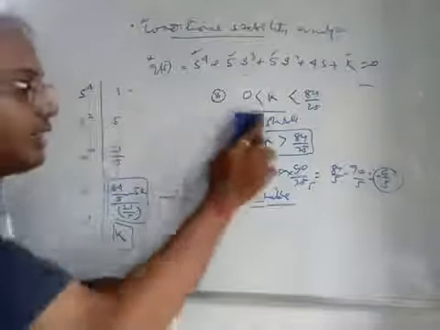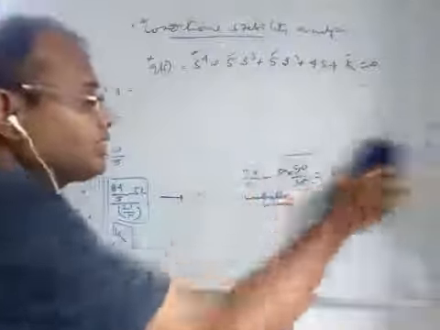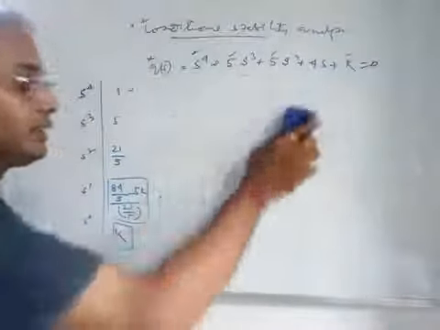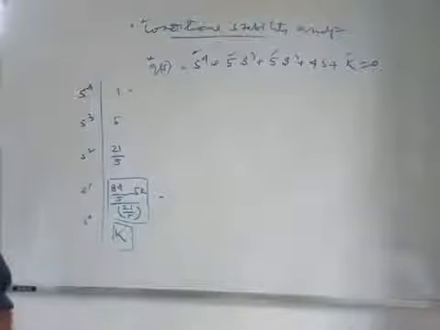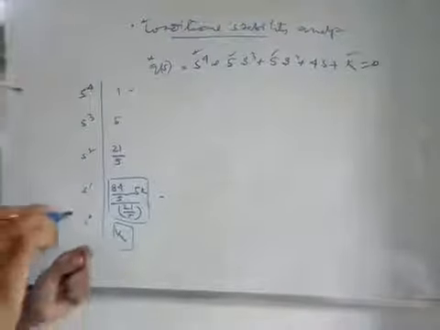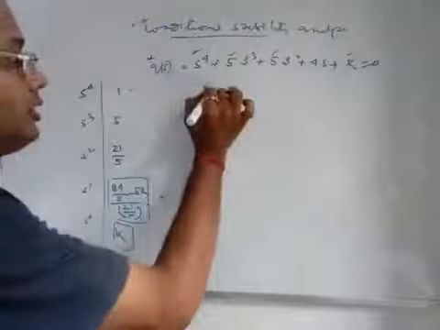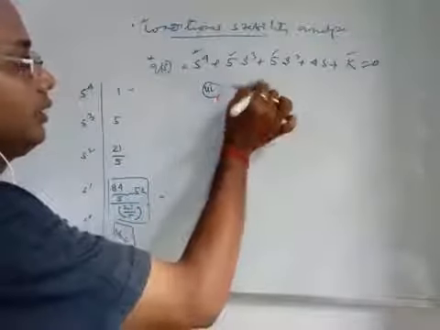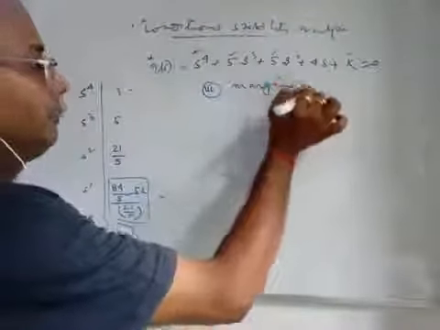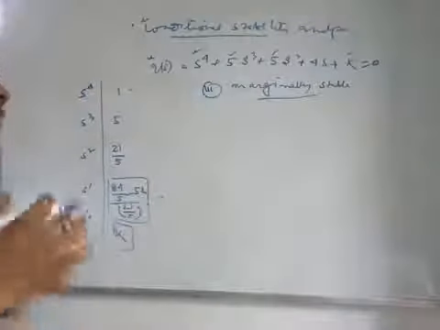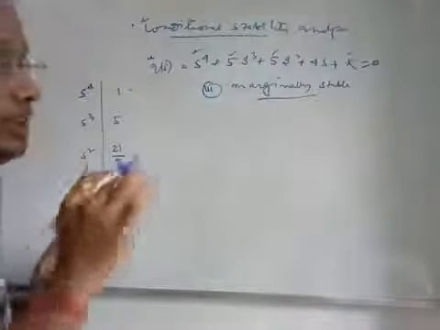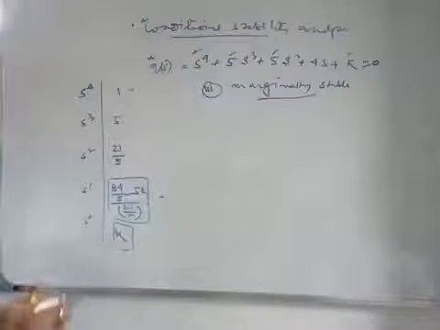So we have seen the conditions for stable and unstable situations. Now we check the condition for marginal stability. That is very important. Third, we will check whether the system is marginally stable or not. Just recollect the concept of marginal stability.